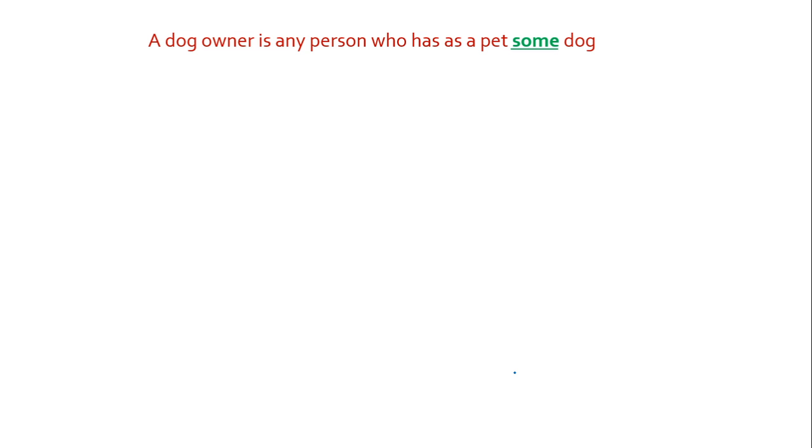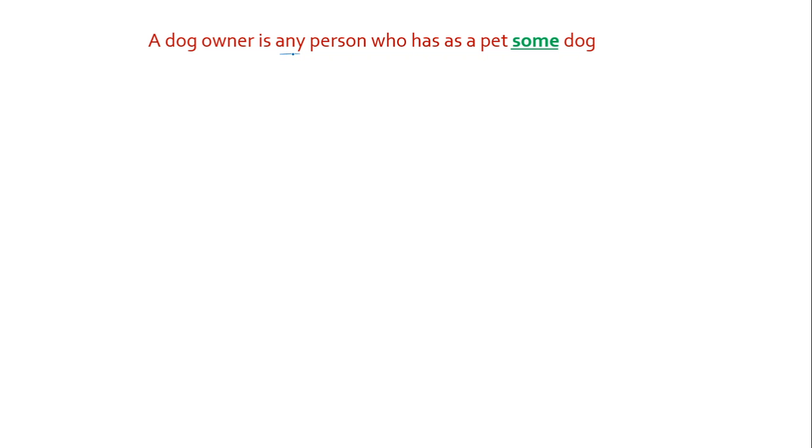Now, how do we model this? A dog owner is any person who has a pet some dog. So here we can see that a dog owner is kind of the persons who are having some pet dog.